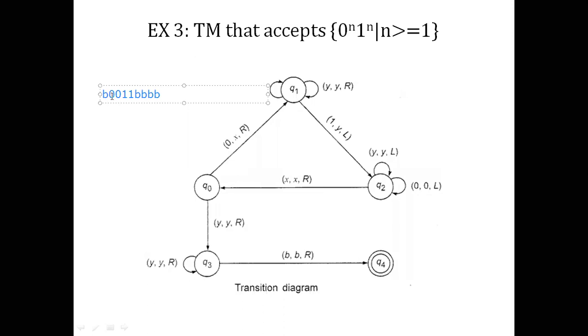One logic is you pick up a 0, you replace that 0 with some X, and you go ahead and try to find the corresponding 1 for the 0 that you have read. So I'll start here.